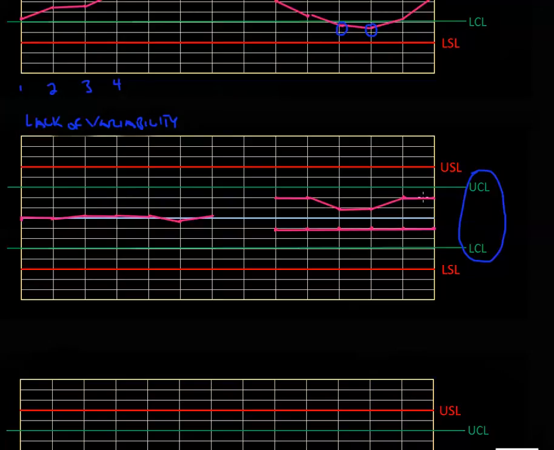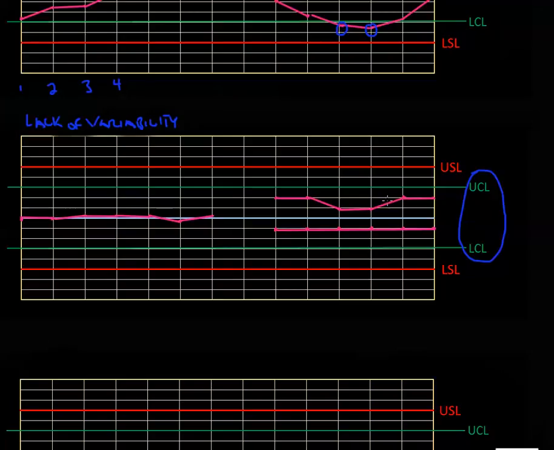Okay, let's take a look at this one. What do we got going on here? This is a lack of variability too, but it's kind of special. You know, it's like right there, and then it goes down, down. It seems like it's almost discrete data. In other words, it's only moving through certain increments instead of being continuous.